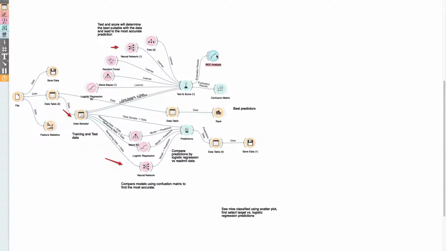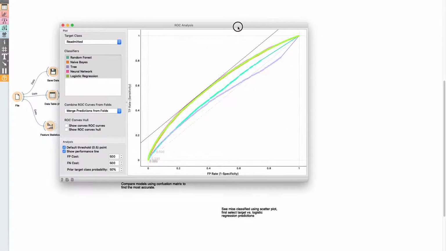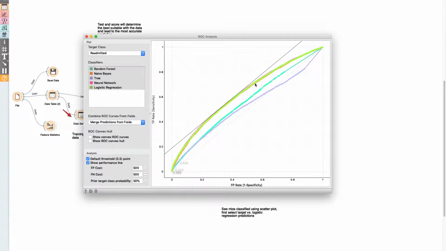Then, to further analyze the true positives and true negatives, we used the curves. Of course, everything under the curve is considered negative or with a lower sensitivity. And here's a color code for them. So logistic, neural network, and naive Bayes are the top 3 here, overlapping.